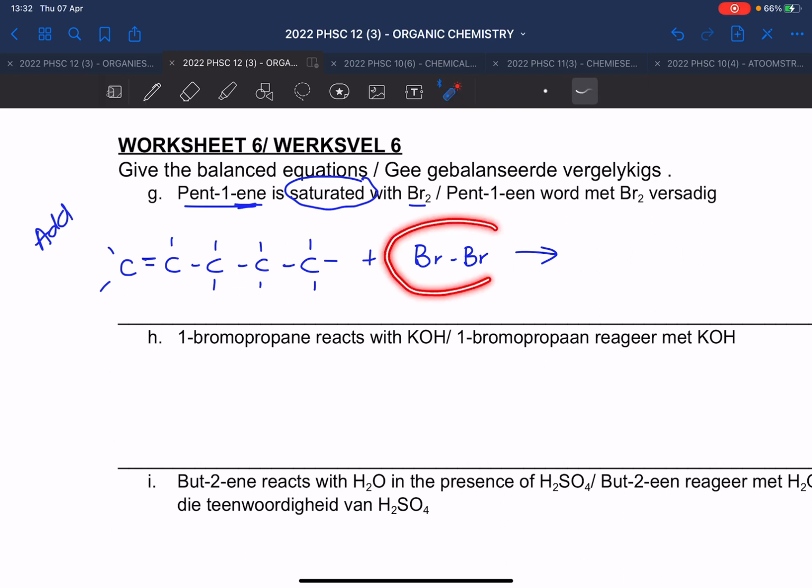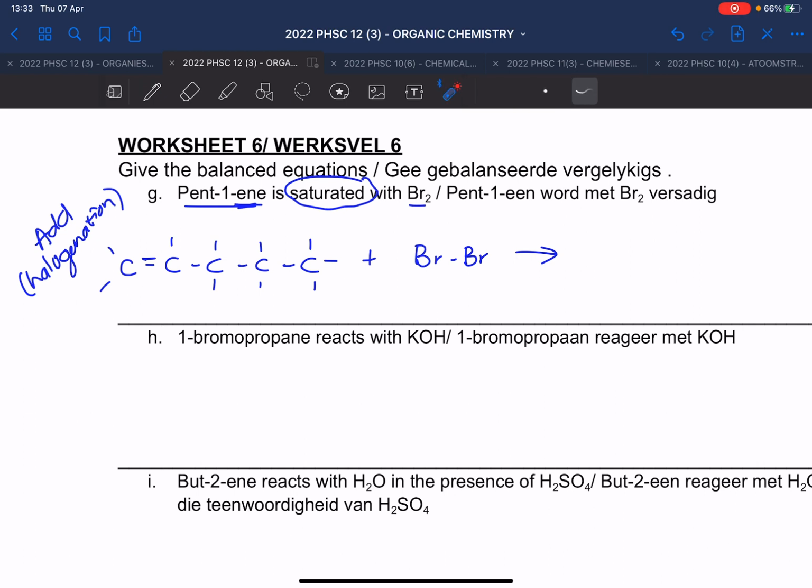We add bromine. Halogenation. So you don't add a hydrogen. So it's not a hydrohalogenation. You add only pure halogen. So it's halogenation.